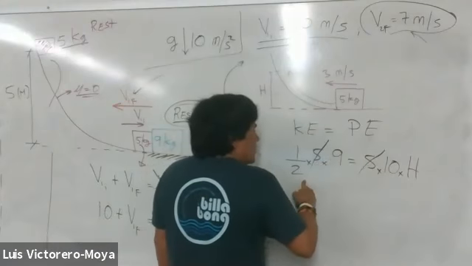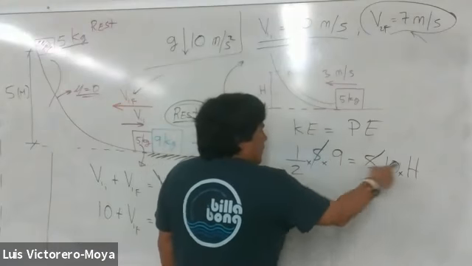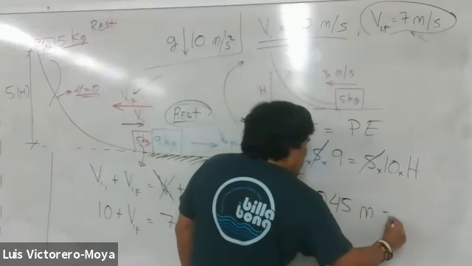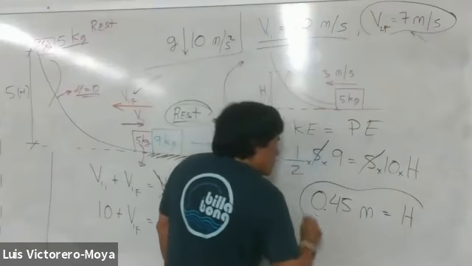Mass cancels, so h is 9 over 20, 4.5 divided by 10, 0.45 meters. That's h.